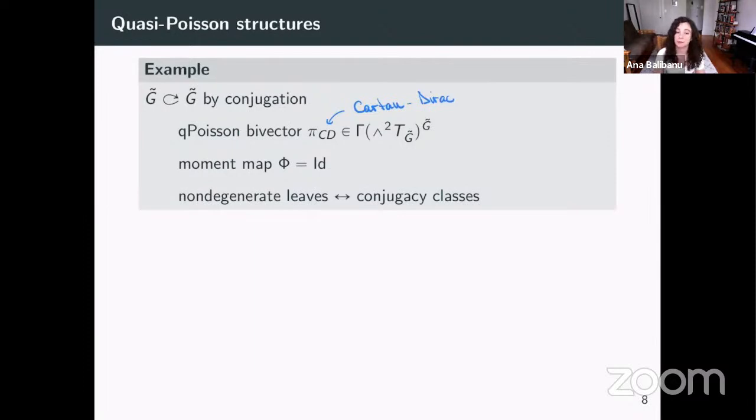And here the moment map is just the identity, and the non-degenerate leaves are exactly the conjugacy classes. So we should think of this as being a multiplicative analog of the KKS structure on the Lie algebra g, or equivalently on its dual under the Killing form identification.